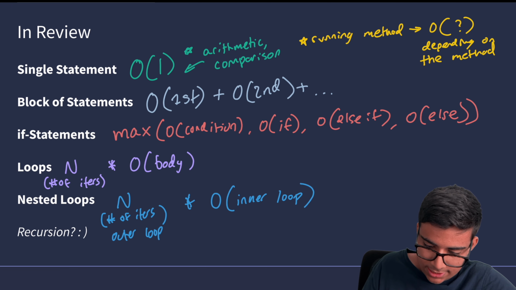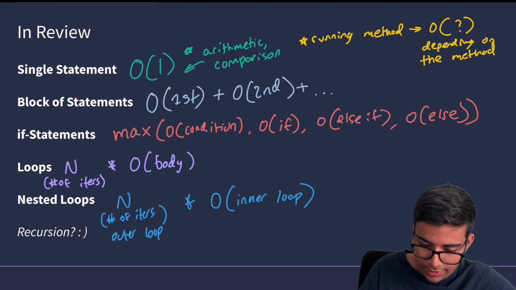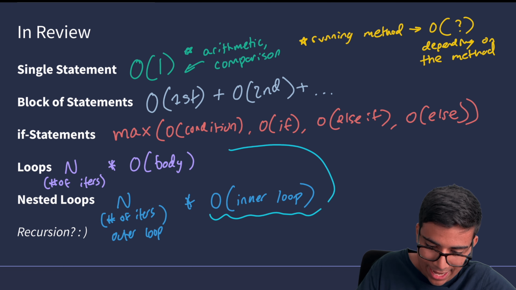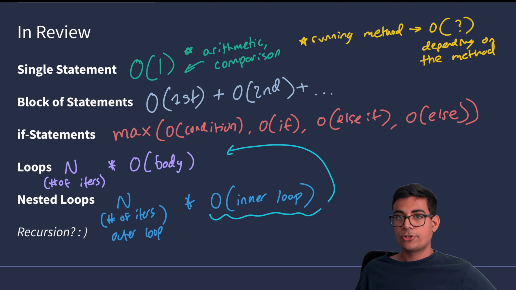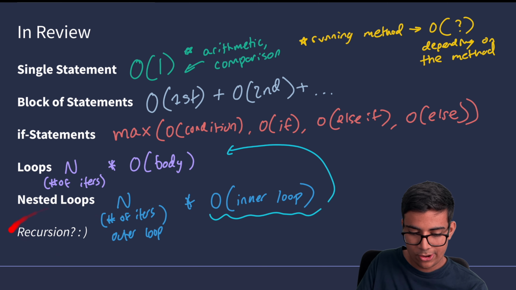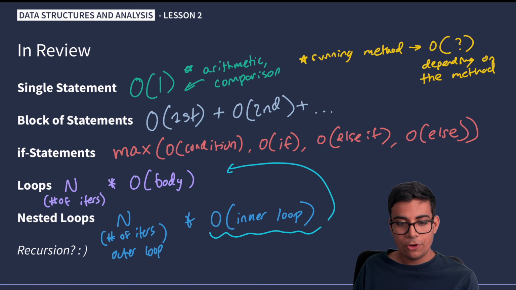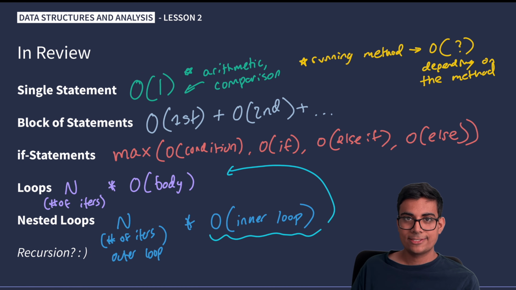And this piece would then refer back to this to figure it out. Now, lastly, you'll notice this very scary word, recursion. I'm actually going to be talking about the complexity of recursion in a different video, because that is a bit more complex. But this is a very good summary of how to find the complexity of all these various things.